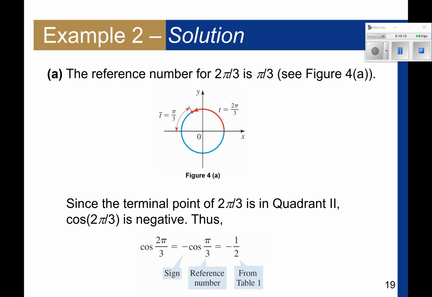So basically we can say that the cosine of 2 pi over 3 is equal to the negative of the cosine of 1 pi over 3. From your note card, we know the cosine of pi over 3 is 1/2. So the cosine of 2 pi over 3 should be negative 1/2.